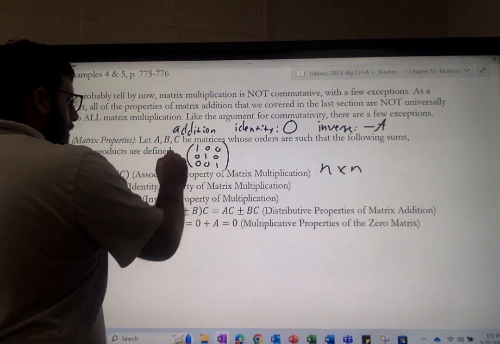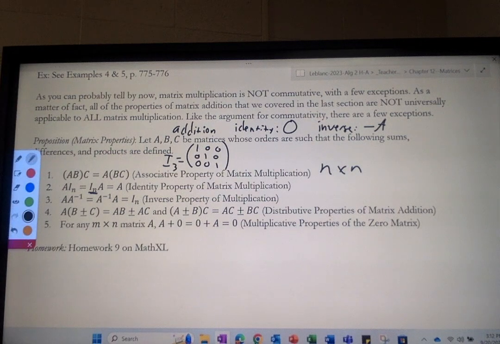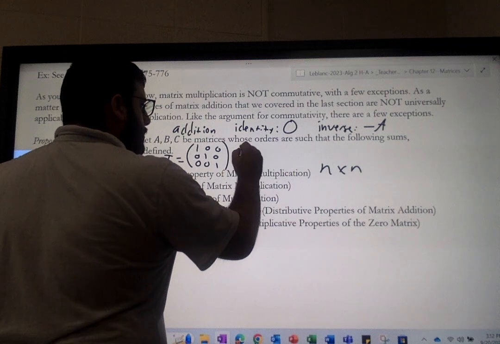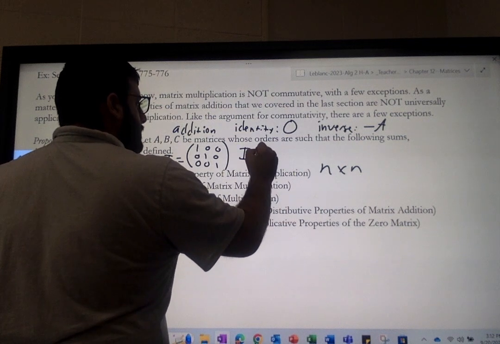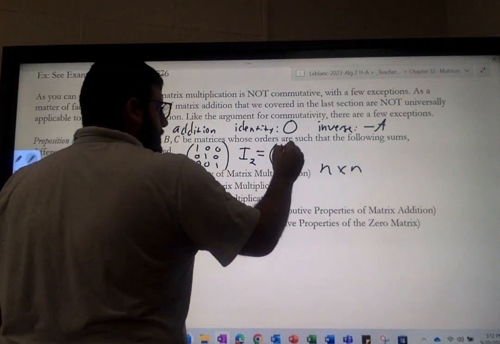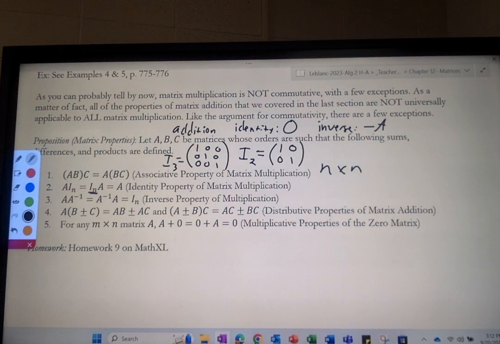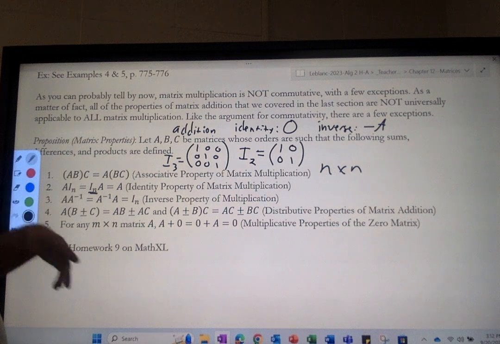This right here is the identity matrix for 3 by 3 matrices. I can also do the identity matrix for 2 by 2 matrices, which looks like this. So the identity matrix is the identity for matrix multiplication.